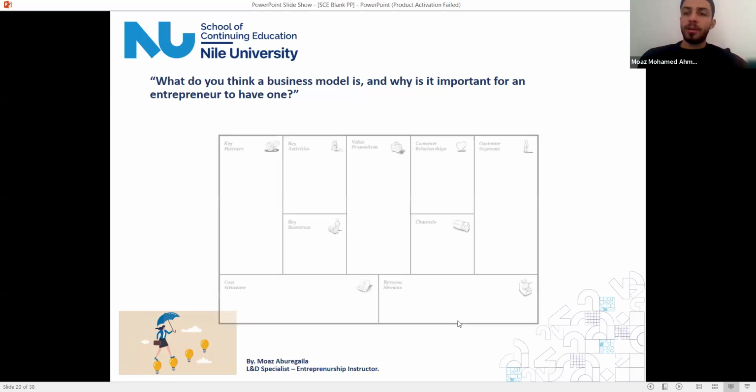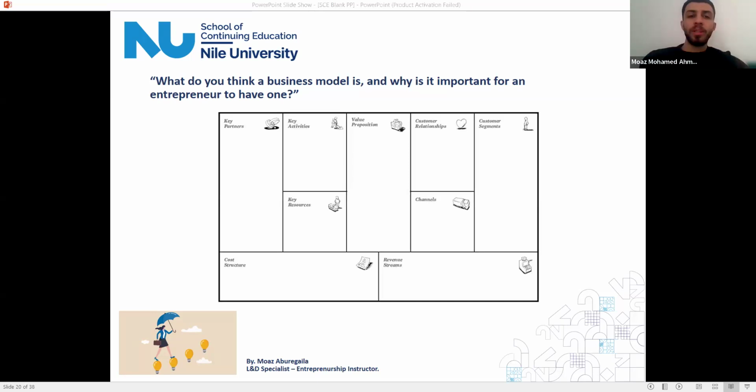So the business model canvas, this powerful tool which we are going to use today, is a strategic management tool. This tool helps us visualize, design, and pivot our business model.